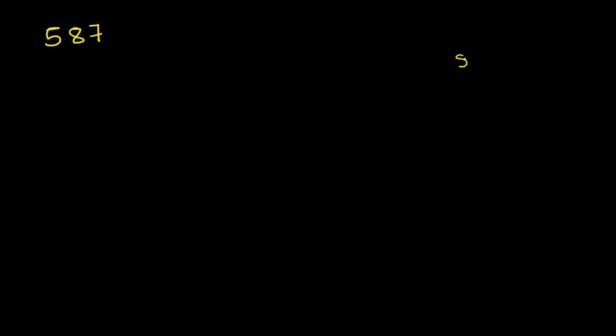So I know that I will need a sum variable, which I will initialize with 0, because I want to find the sum of digits of the number. Now, I have the number. Let's say n is 587. So I have a number to process. What do I do?